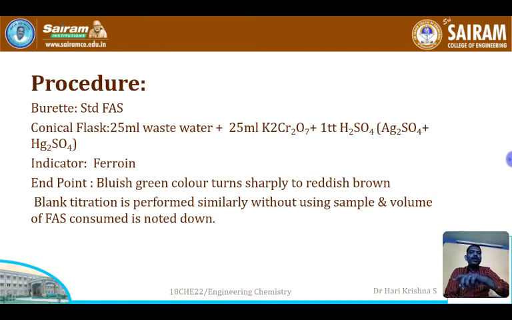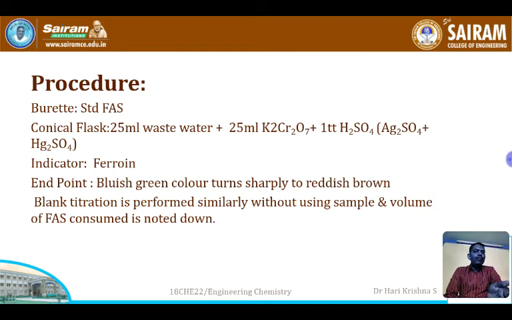Whatever volume you get here is for the unreacted potassium dichromate. As soon as you add potassium dichromate to the wastewater, it will oxidize the waste present in the wastewater. Out of 25 ml of potassium dichromate, maybe 10 ml might be used and 15 ml left as it is.